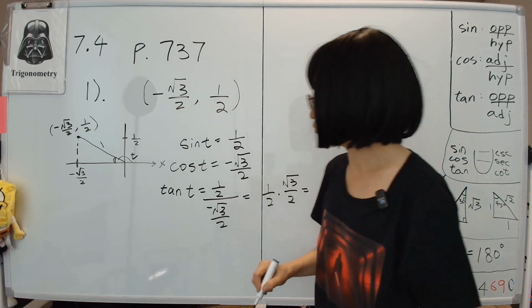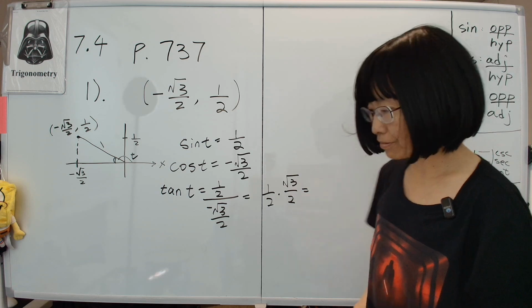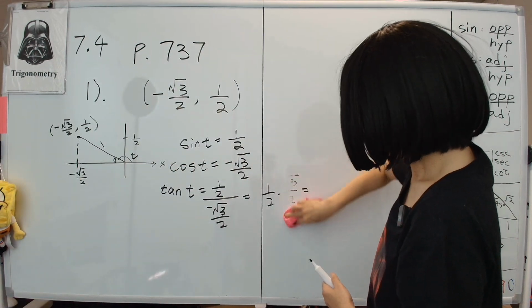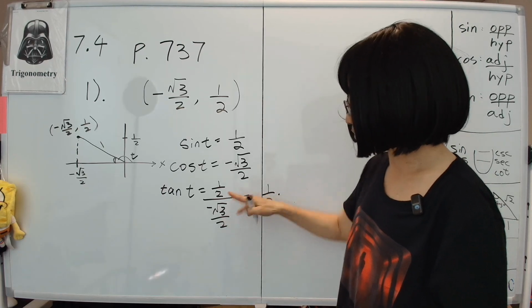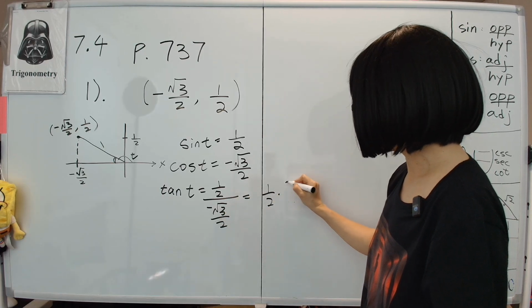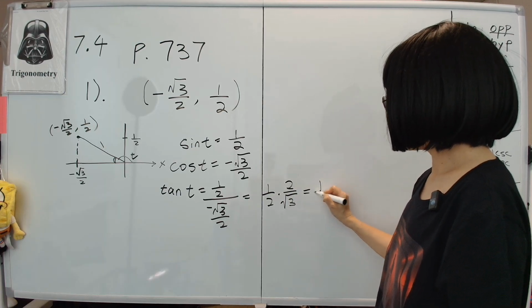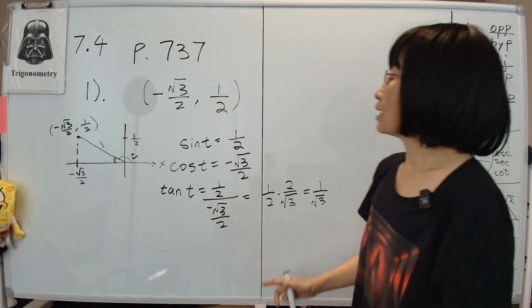I forgot to flip it around. I was thinking this looks odd. That's because I did not flip it around right after I said let's flip it around. So again, let's flip this around so the 2 now is on top. So that would be 1 over square root of 3, and that's the tangent of t.